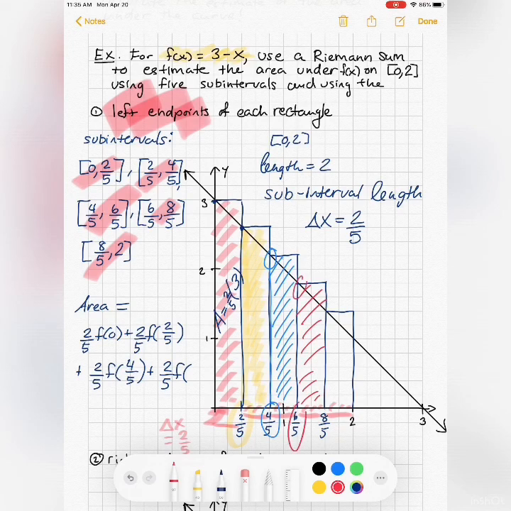Okay, the height of that guy is f of 6/5. And the last one. Height of that one is f of 8/5.